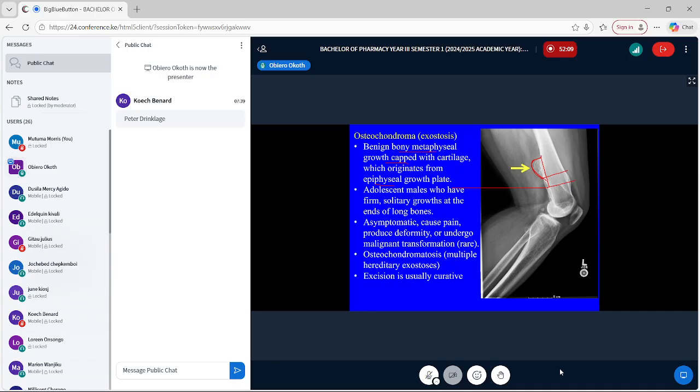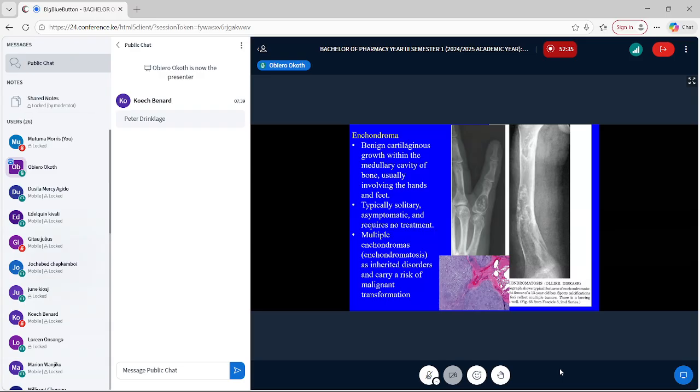So you get a firm solitary growth at the end of a long bone. They can be symptomatic. They can cause pain. They can undergo malignant transformation, but rarely. If there are many, we use the term osteochondromatosis. They are forming bone. They are also forming cartilage. And that's why they are called osteochondroma. They are benign.